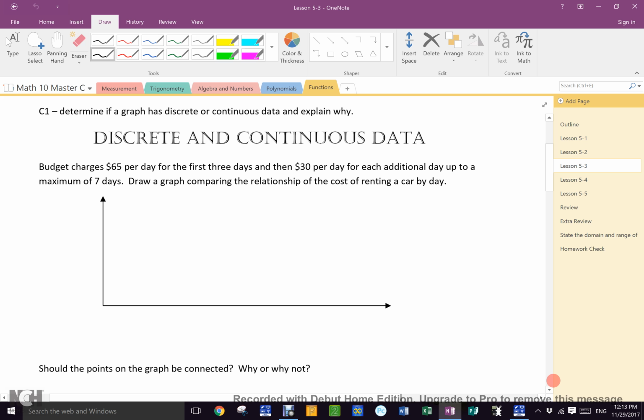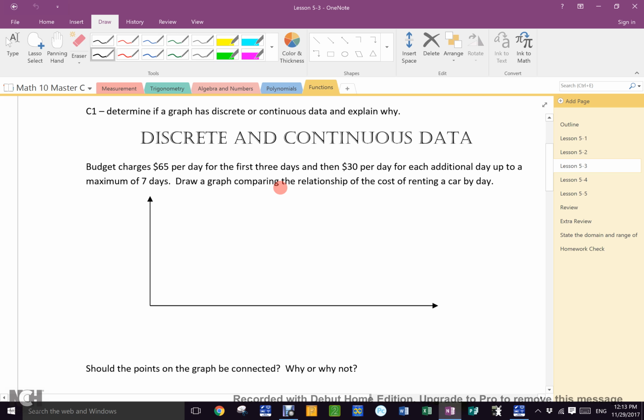On the page, I have a relation, yes? Because a relation is any time I compare 2 sets of data. So what are the 2 sets of data which I am comparing in this scenario? Nick?